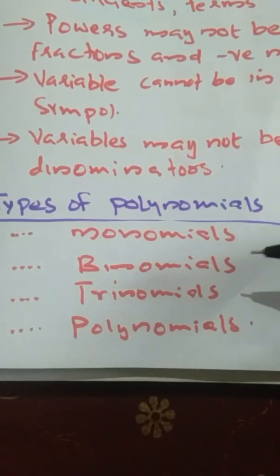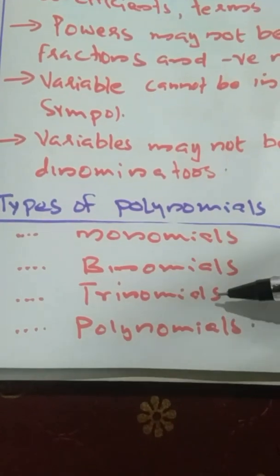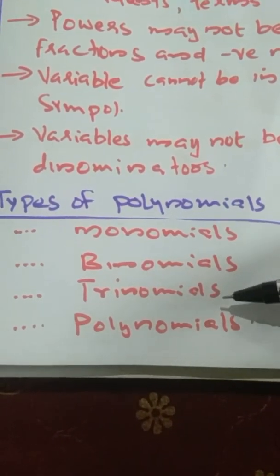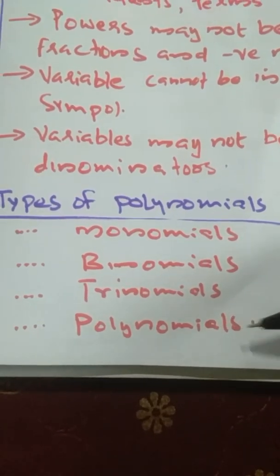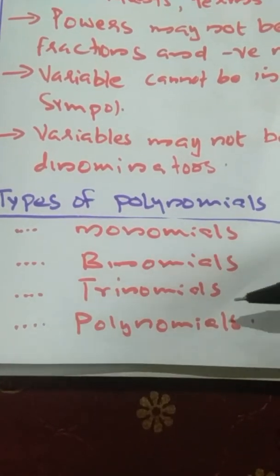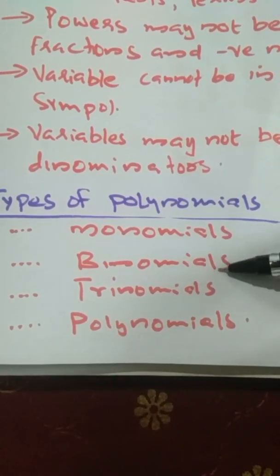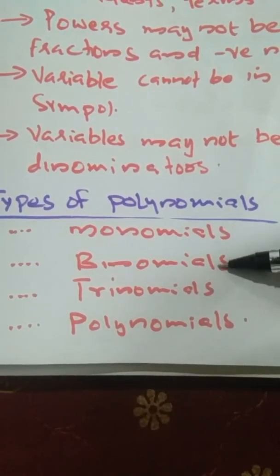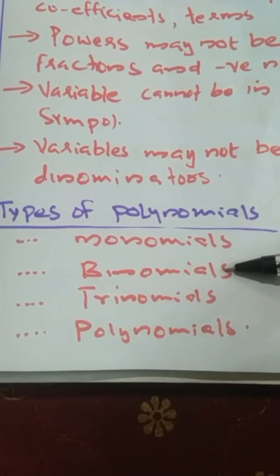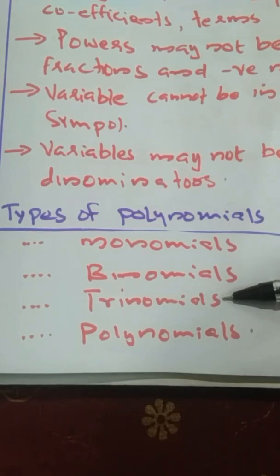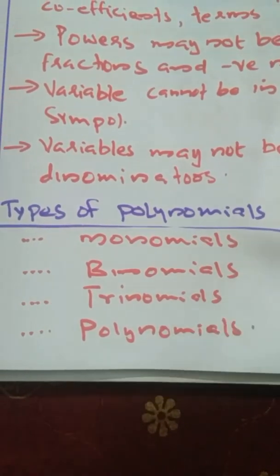If a polynomial has two terms, it is called a binomial. If a polynomial has three terms, it is a trinomial. Polynomials with more terms are called polynomials itself. We have three separate names: monomial for one term, binomial for two terms, trinomial for three terms, and polynomial for more than three terms.